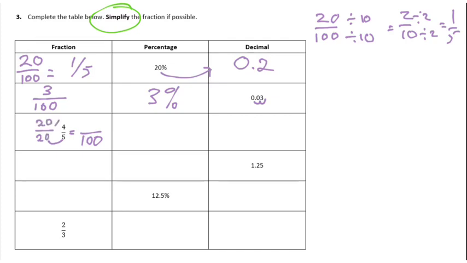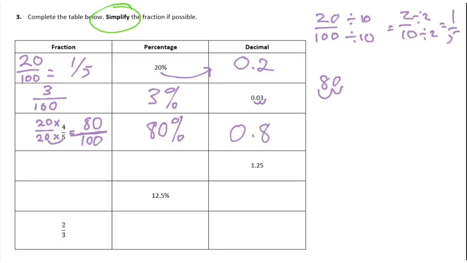So I want to multiply the top by 20 as well. 4 times 20 is 80 over 100. Now that I have that as per 100, as a percentage, it's simply 80%. So 80 per 100. As a decimal, we again take the value of 80, there's a decimal point, move that decimal point over 2 spaces, 0.8.